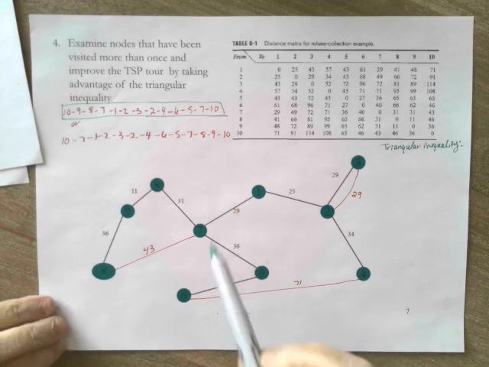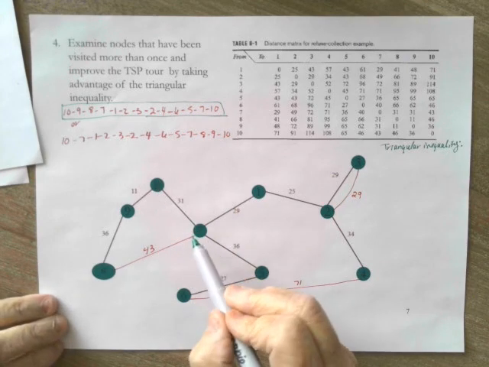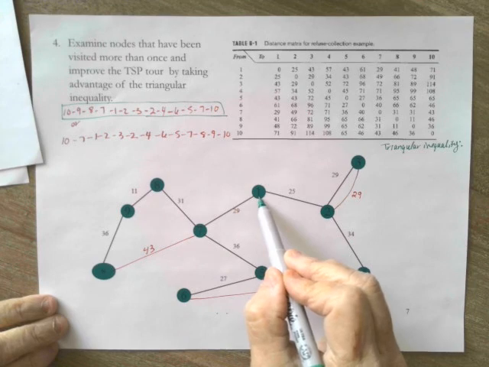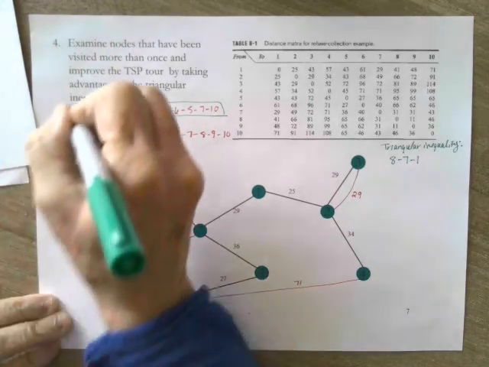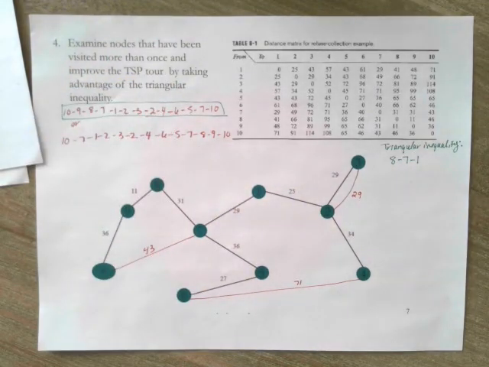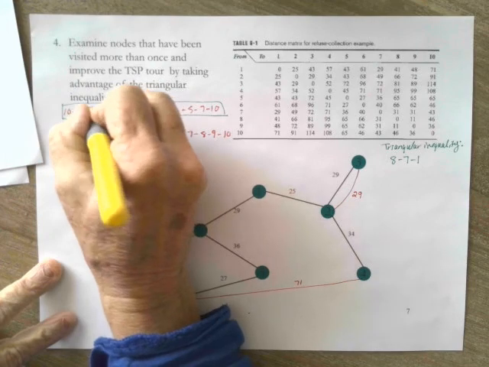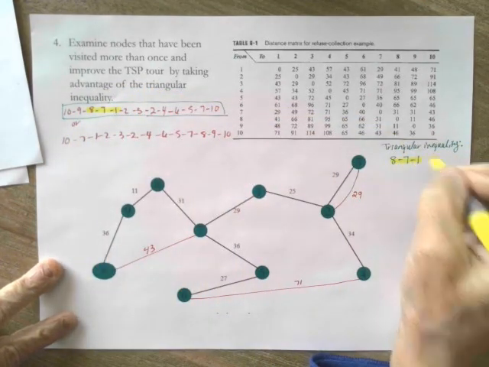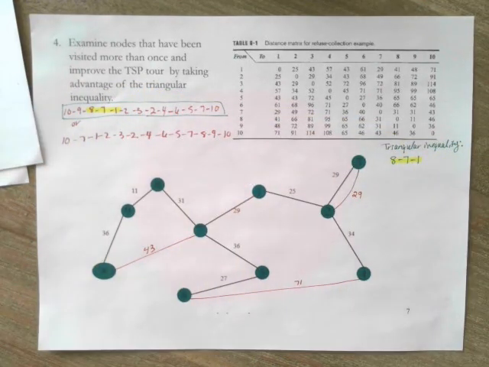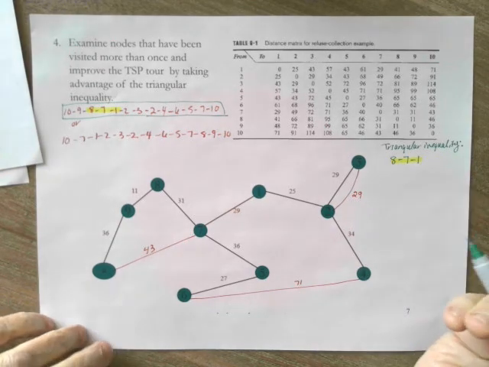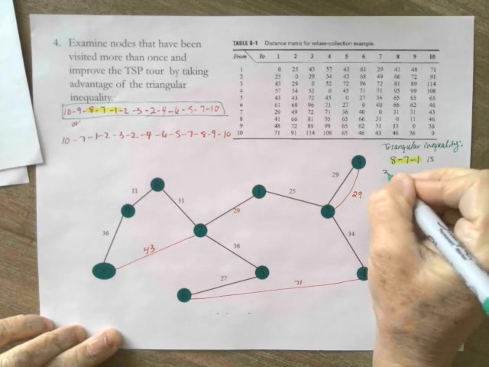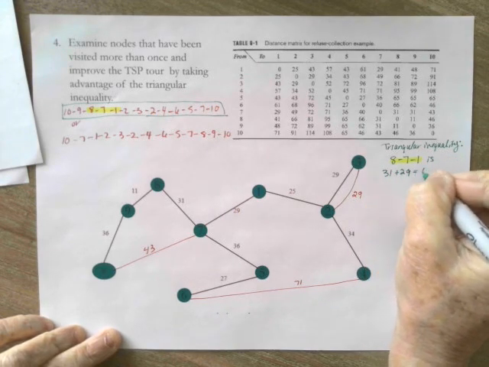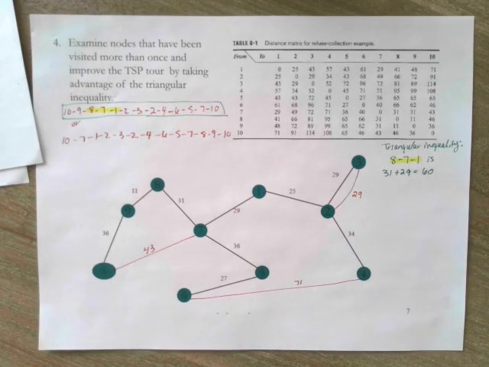Notice, if we go 8 to 7 to 1, that is going to be 31 plus 29 equals 60 units. Well, 7 is visited more than once.